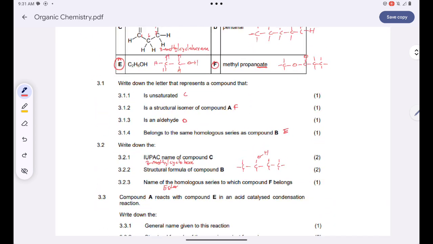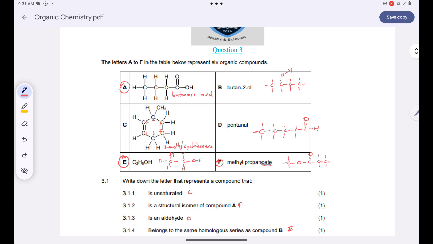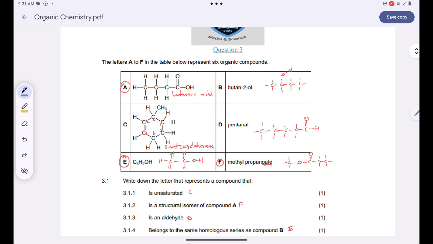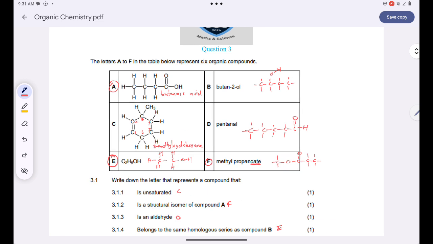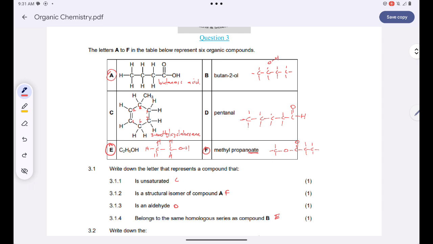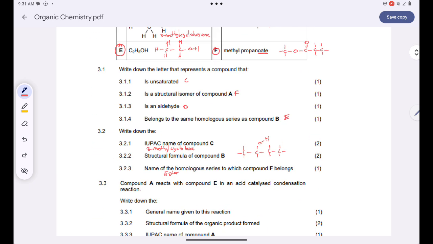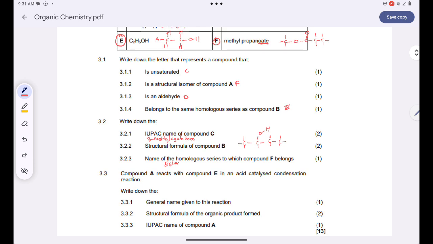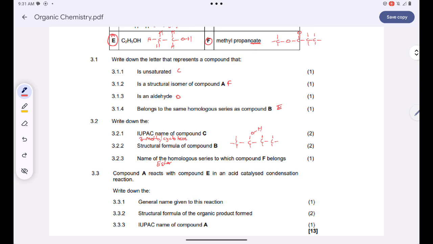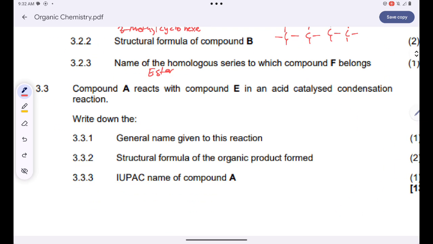Compound A is a carboxylic acid, and compound E is a primary alcohol. So we are mixing a primary alcohol with a carboxylic acid. The product will be an ester. They want us to write down the general name given to this reaction. We are forming an ester, so this is esterification.